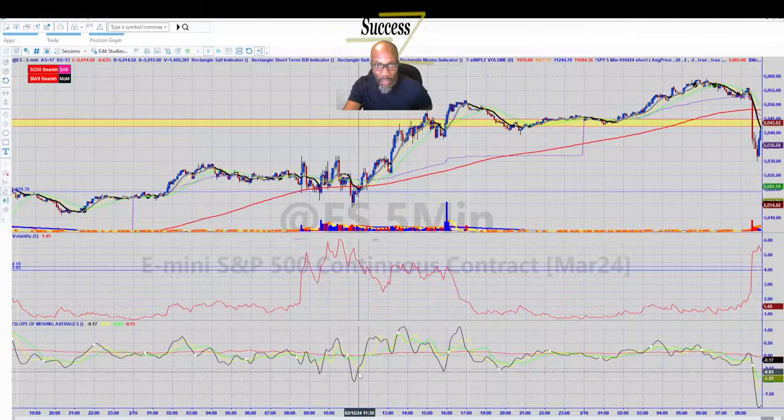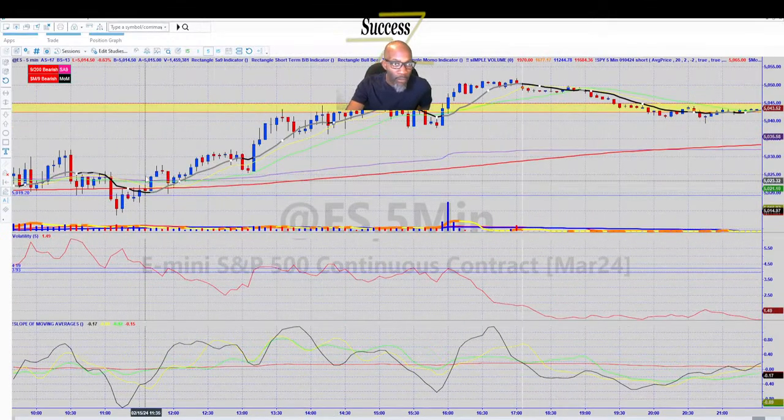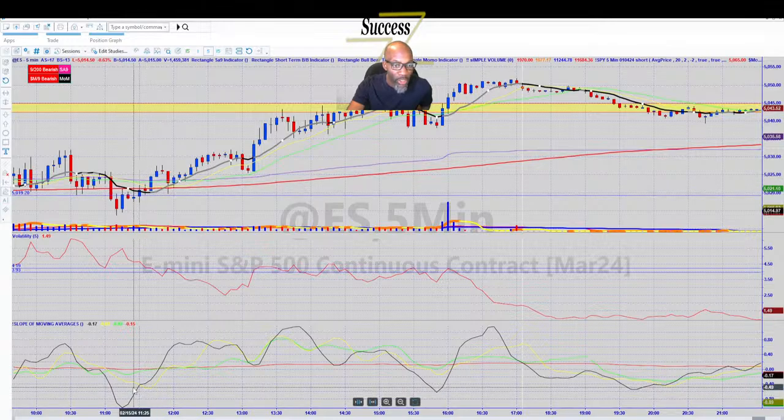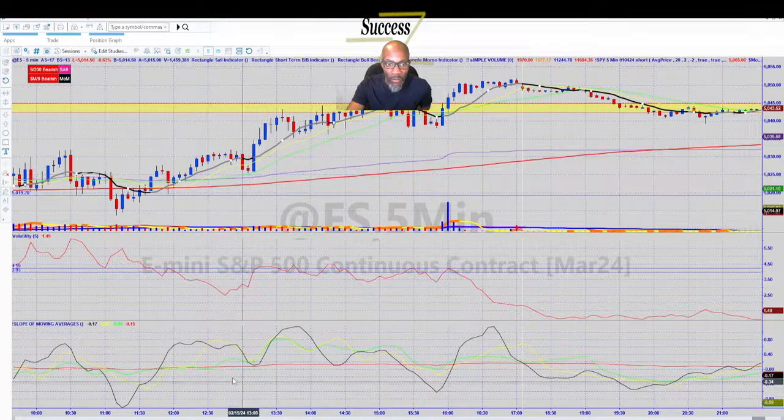Black is under. Up here, the black is under. Black, yellow. Tell you what, let's zoom in on this situation. So here we have the black, yellow, green, and down here we have black just cross the yellow and the green. Here the black crossed up over the yellow.